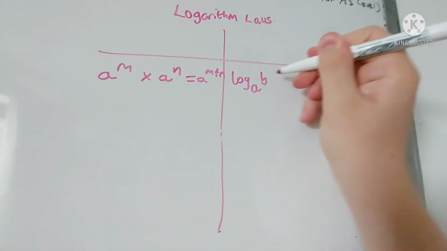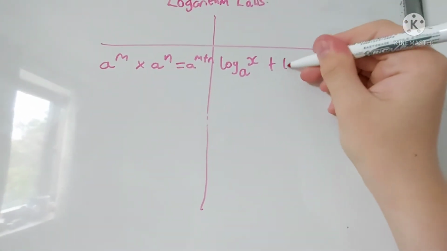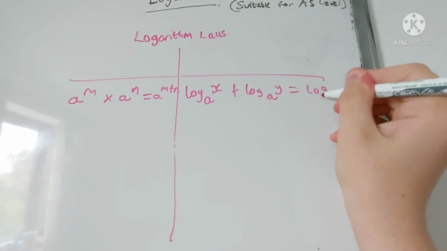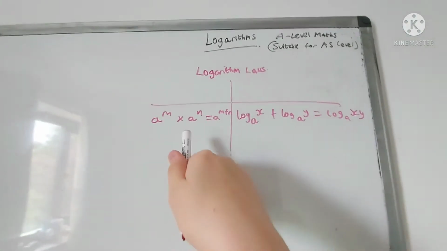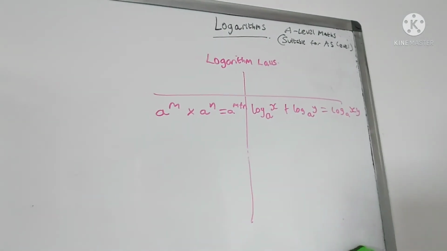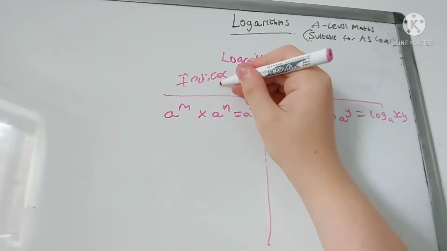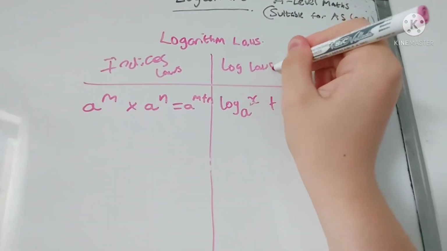Log base a of x plus log base a of y is log base a of xy. So it's the inverse of the indices laws. And these are now your log laws.